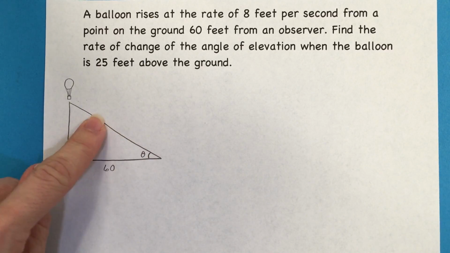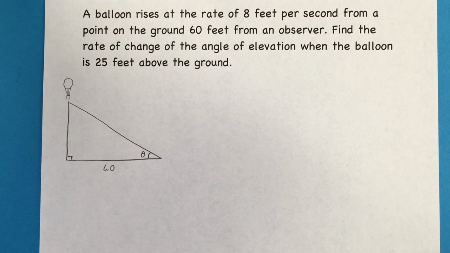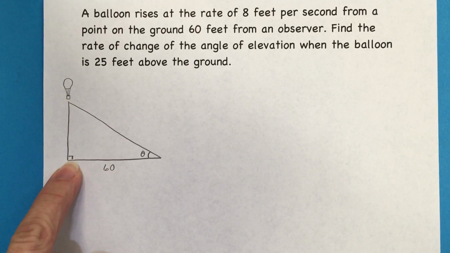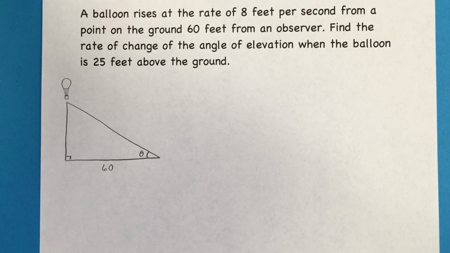Of course, the length of this hypotenuse changes, even though that's not something we're going to refer to, but the angle of elevation also changes. But the distance from the balloon to this observer is not going to change as the balloon goes up. So that's one of those values that's going to be constant regardless.